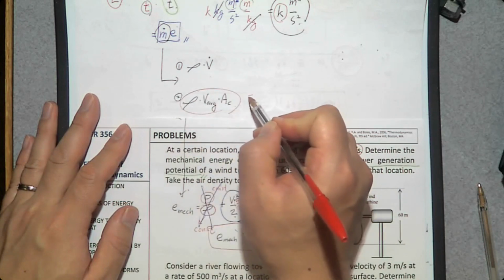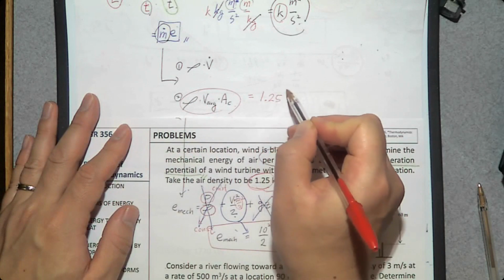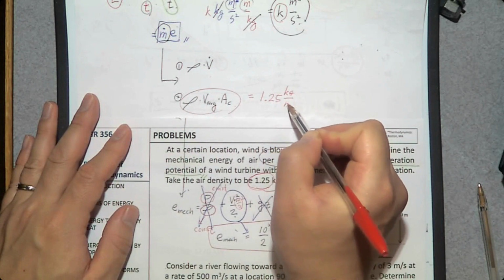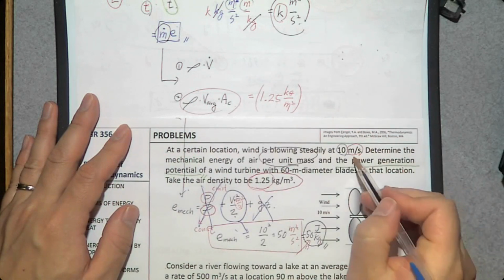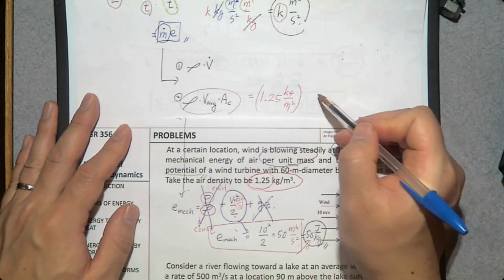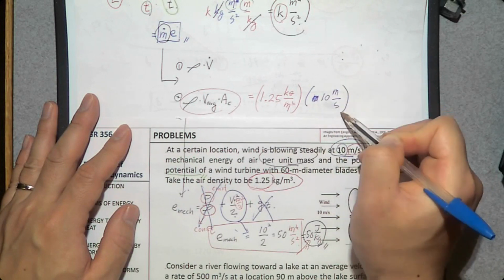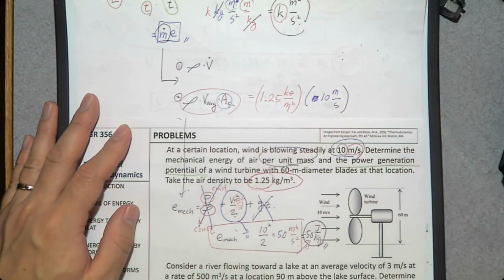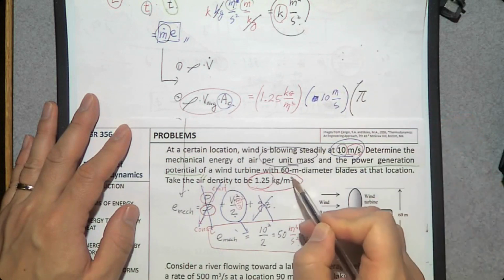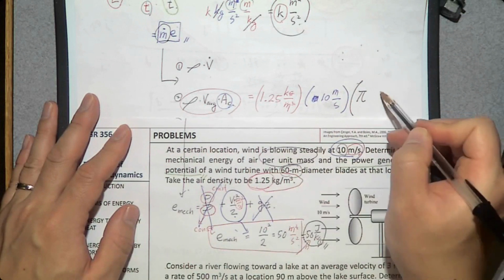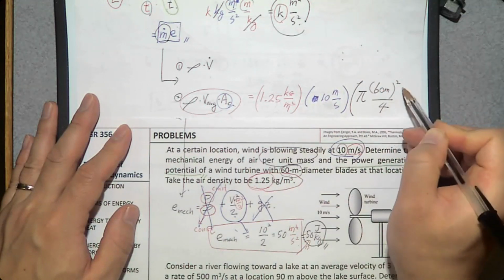So what is the density? 1.25 kilogram per cubic meter. What is the velocity? 10 meter per second. What is the cross-sectional area? Pi, d is 60 meters, d square over 4.